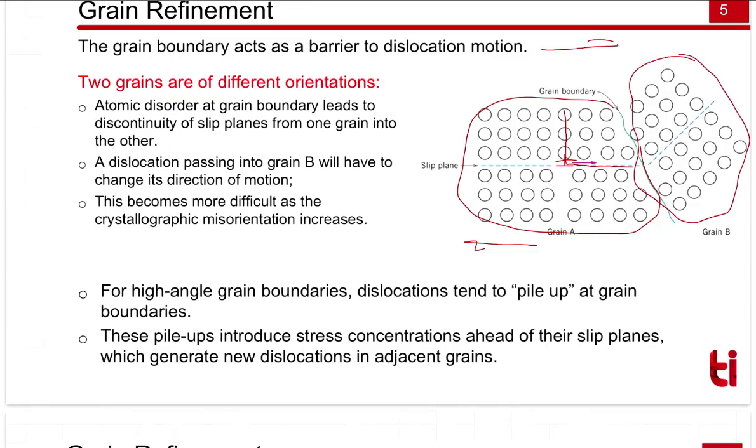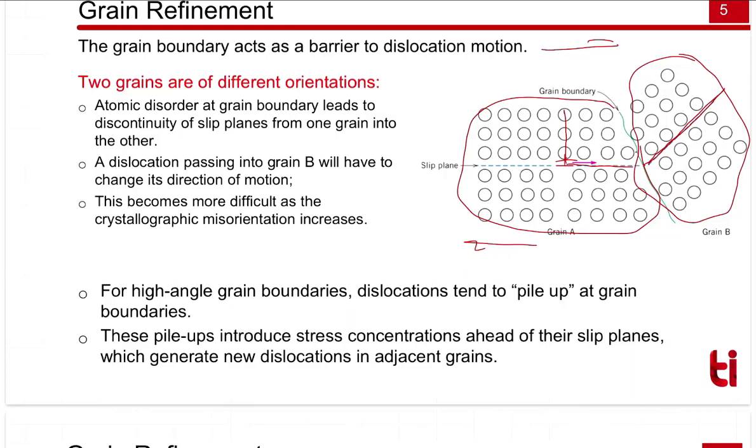So when this dislocation comes at the grain boundary, to move further it has to change its orientation in this way, which is generally not possible. So all dislocations get hindered at the grain boundary and their motion is restricted.